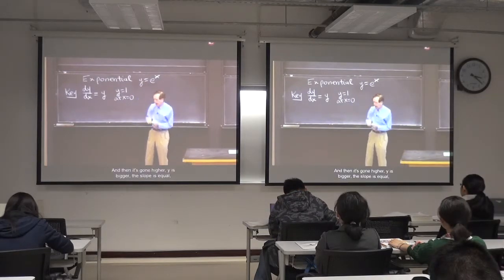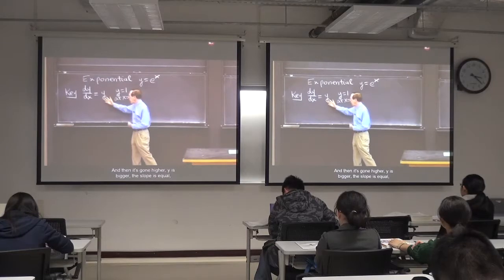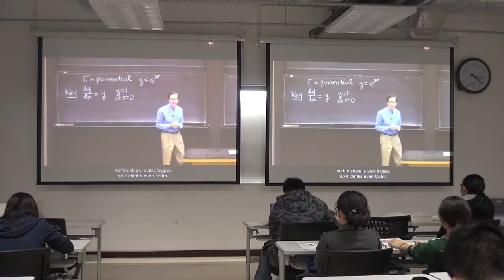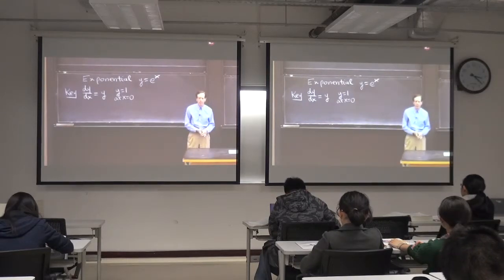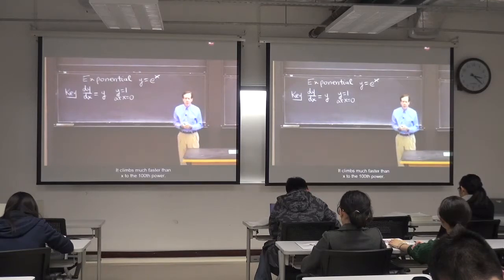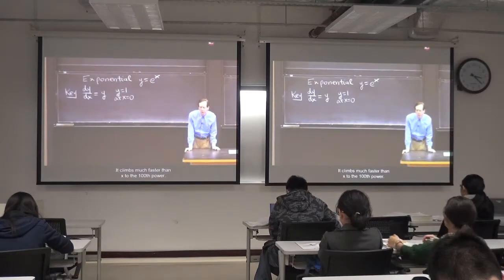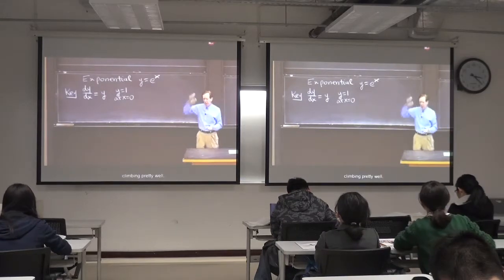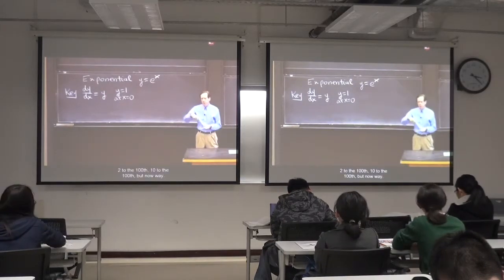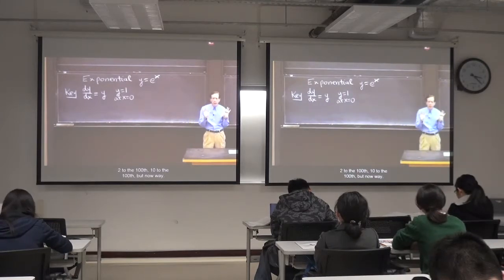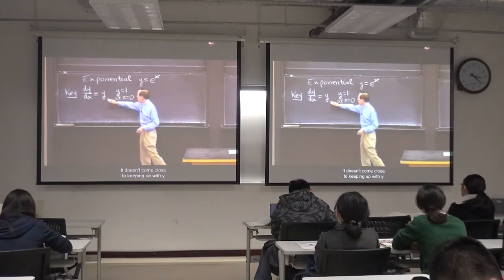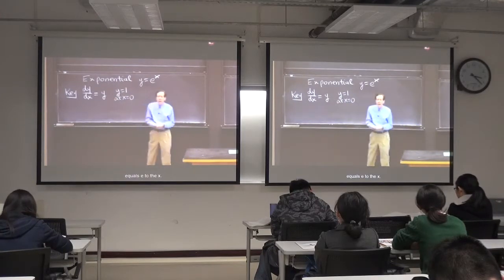Then it's gone higher, y is bigger, so the slope is also bigger, so it climbs even faster. It just takes off. It climbs much faster than x to the 100th power. You might think y equal x to the 100th is climbing pretty well. 2 to the 100th, 10 to the 100th, but no way, it doesn't come close to keeping up with y equal e to the x.